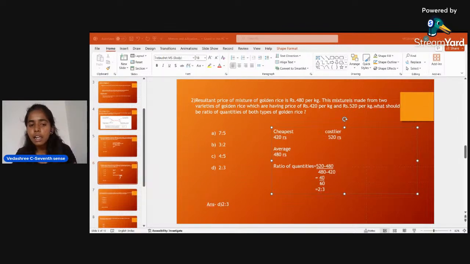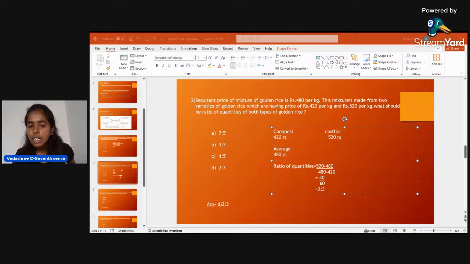Now we need to calculate the ratio of quantities of both types of golden rice. We have a formula, which we discussed at the start of this class: D minus M divided by M minus C. D is the cost of the dearer ingredient minus the mean price, divided by the mean price minus the cost of the cheaper ingredient.